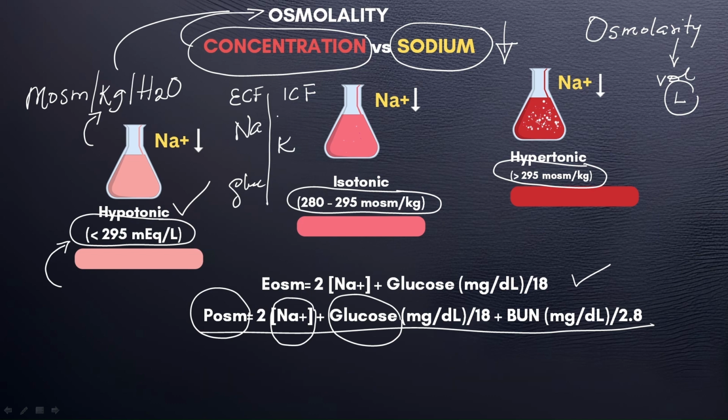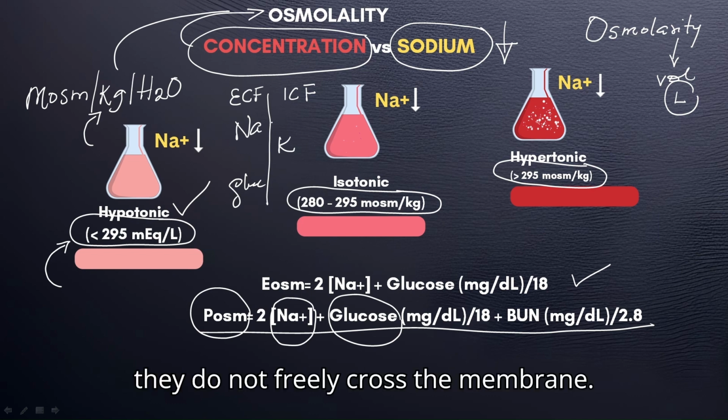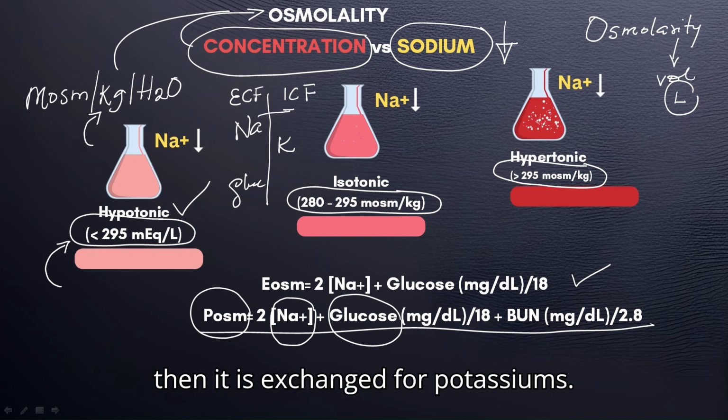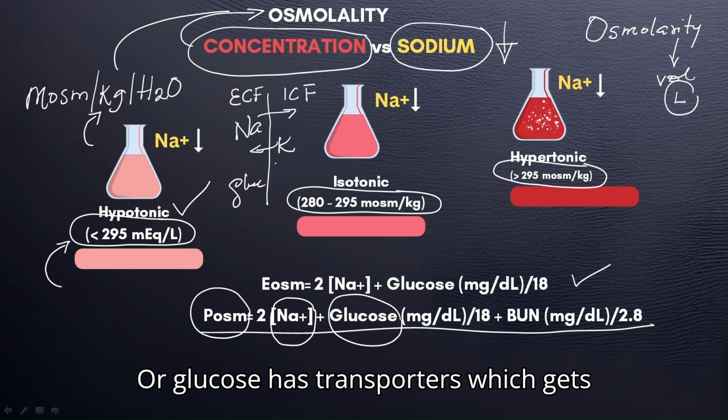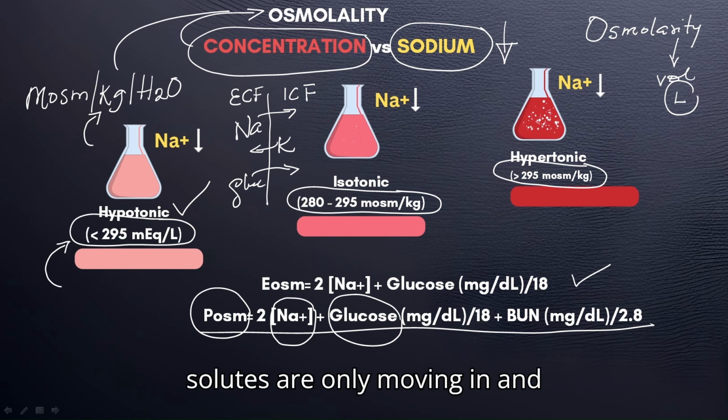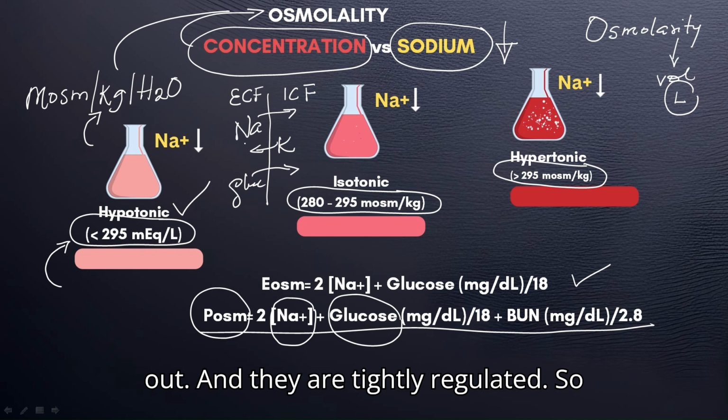In other words, they do not freely cross the membrane. They are regulated. Sodium goes in and then it is exchanged for potassium, or glucose has transporters which get glucose into the intracellular compartment. And so these solutes are only moving in and out and they are tightly regulated.